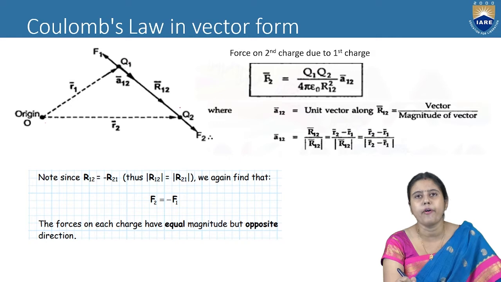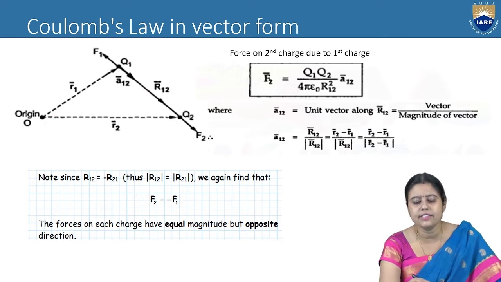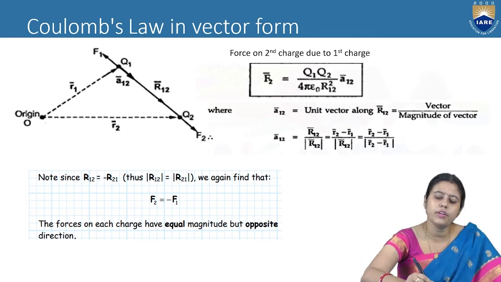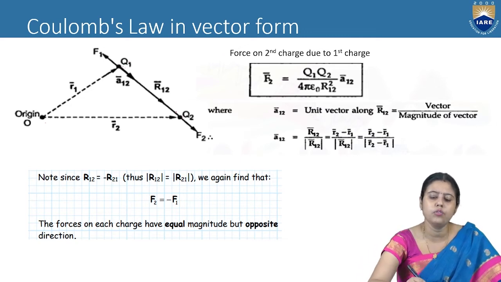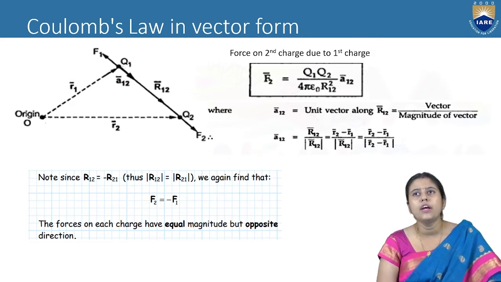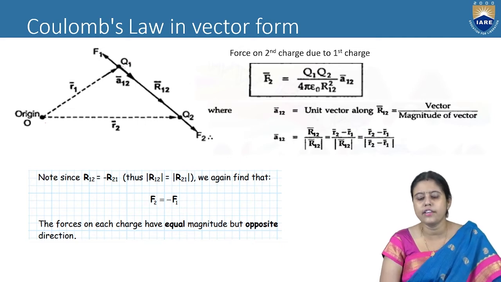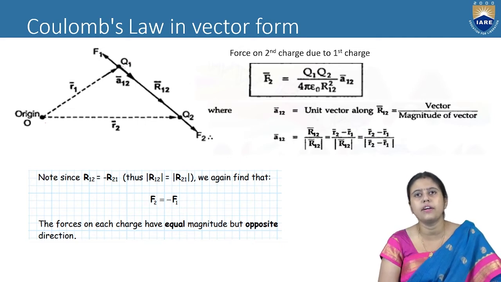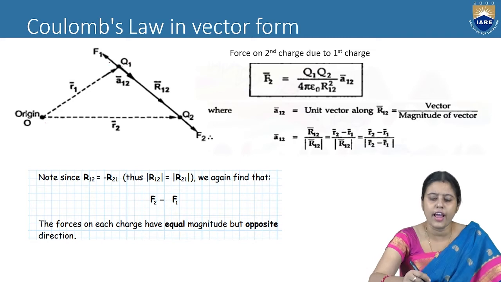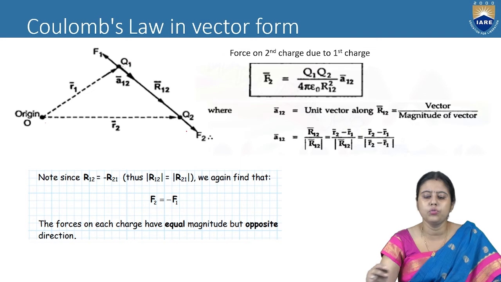This is another point Q2 and the distance from the origin is R2. And the vector between Q1 and Q2 we write as R12. A12 is nothing but the unit vector along the line joining Q1 and Q2.